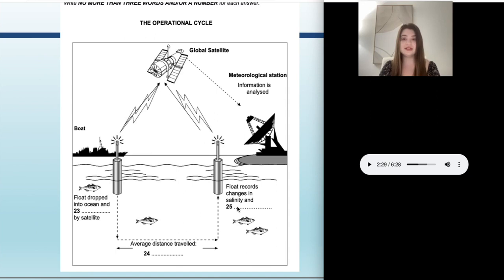So the average distance traveled is 50 kilometers. And here's the thing: before, they were talking about how deep it was, right? We want to know the average distance traveled, right? That's what we're looking for, which is 50 kilometers, not about how deep. So making sure we write the correct number there is crucial here.